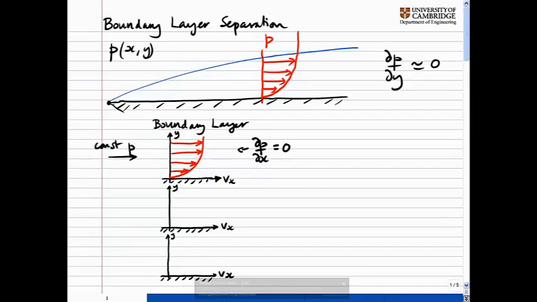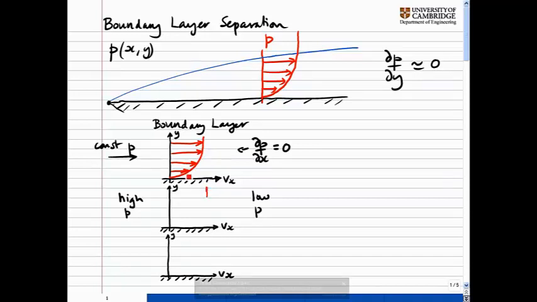Now let's imagine the same boundary layer, but in a flow where the pressure is changing in the x direction. So let's start with a high pressure on the upstream side and a low pressure on the downstream side. What will this look like? Well, the free stream might be slightly faster because we've gone from a high pressure to a low pressure, so we might start here. And let's think about the fluid. The fluid in the free stream has been accelerated a bit.